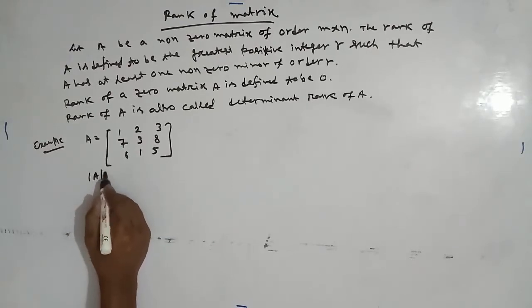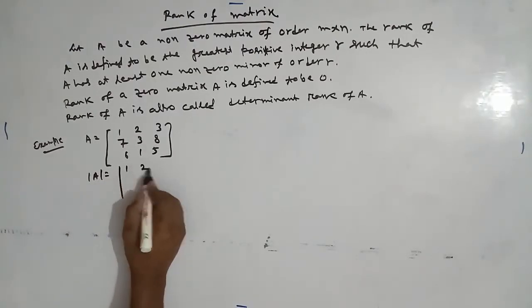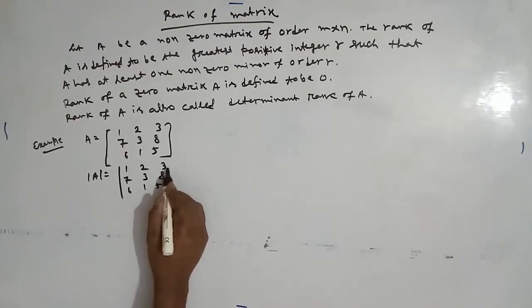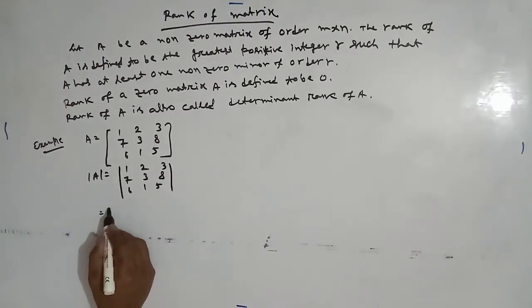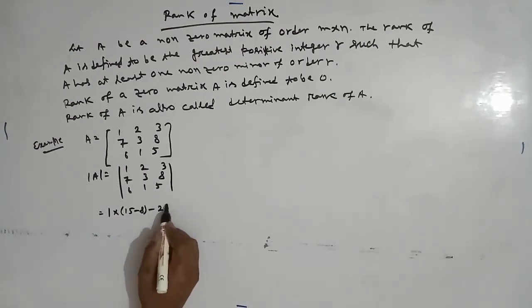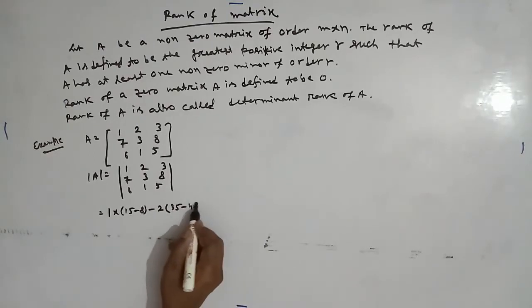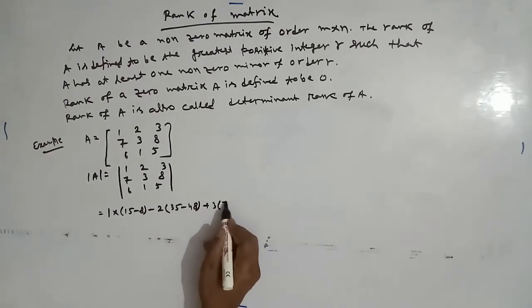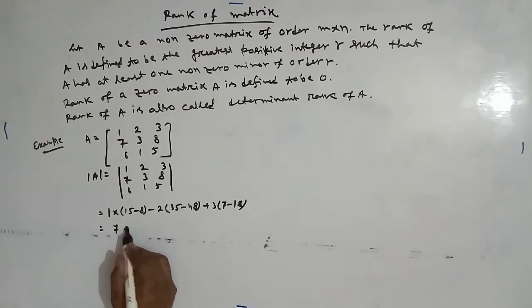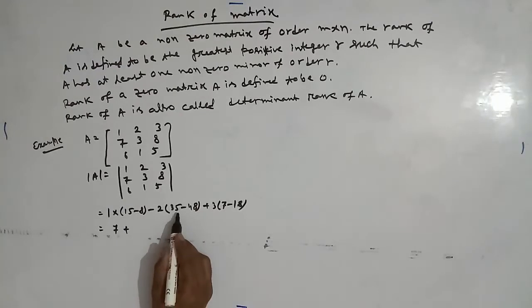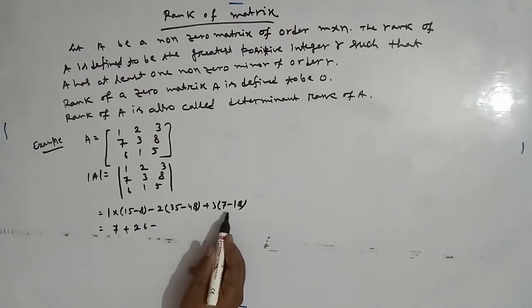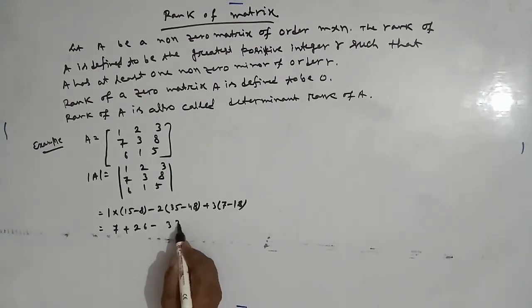That is 1 into (15 minus 8), minus 2 into (35 minus 48), plus 3 into (7 minus 18), that is 7 plus 26 minus 33. So this is 0.